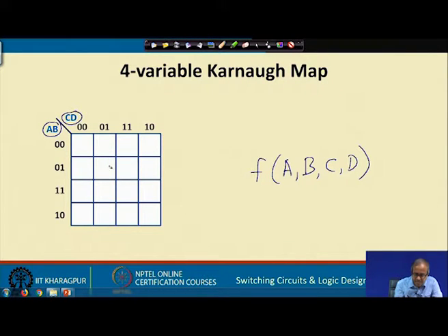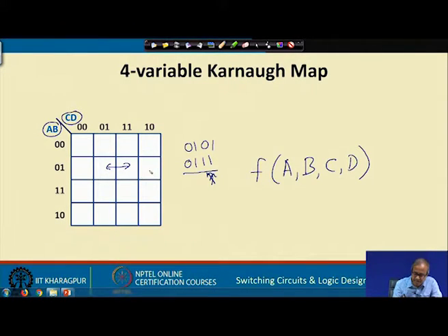Why? You consider any 2 cells, let us say these 2 cells. The first cell corresponds to 0 1 0 1. The second cell corresponds to 0 1 1 1. You check, they differ in a single variable, in the second last position, right.